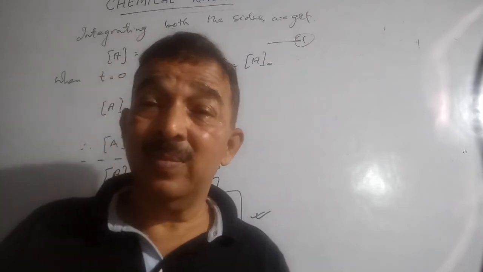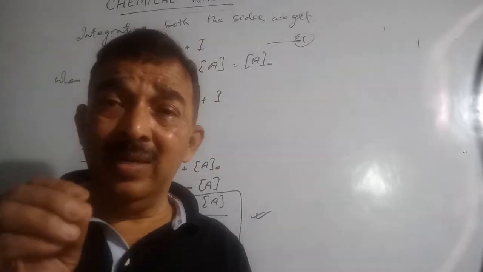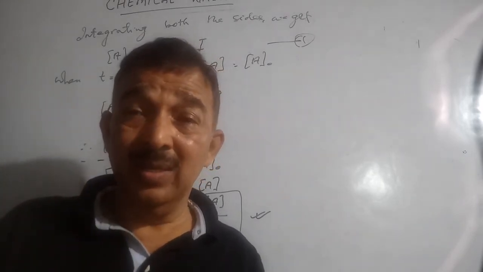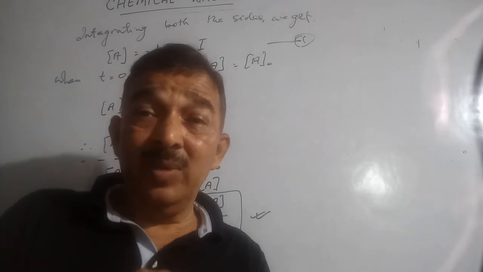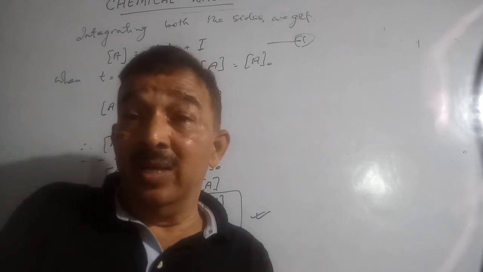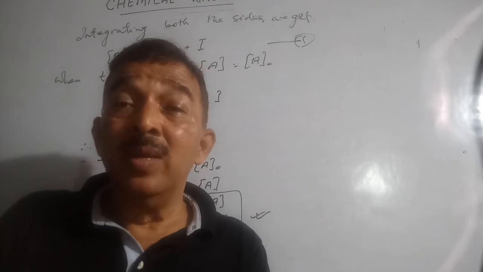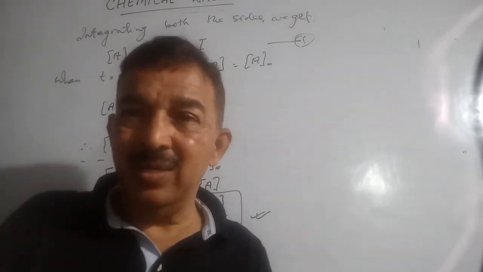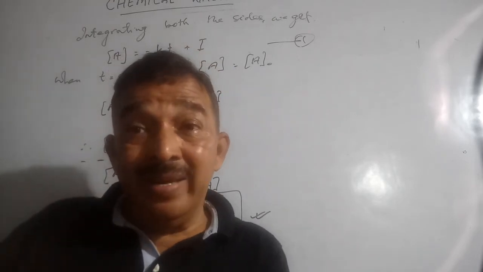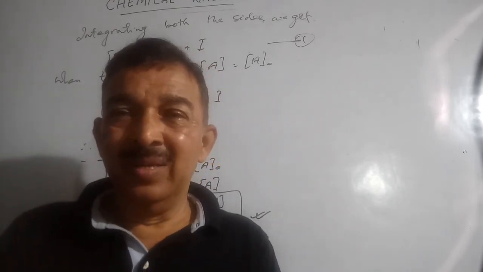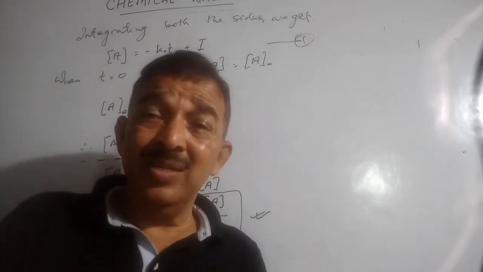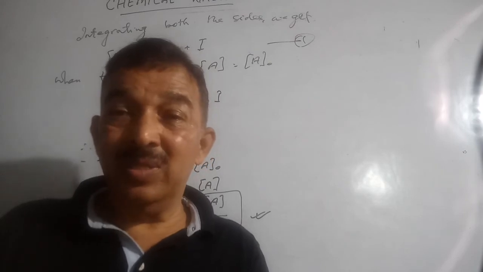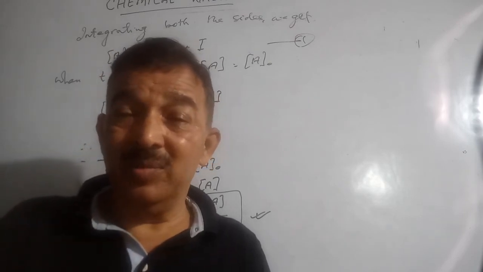After one half-life period of this reaction, the concentration of A will become 50 gram, that is half of the initial concentration of the reactant. In the next half-life period, the concentration of the reactant will become 25 grams, which is half of 50 grams.